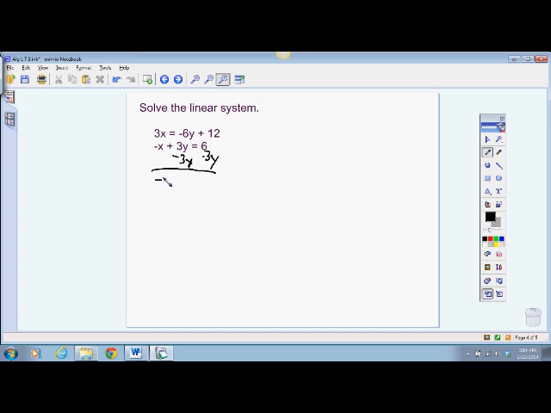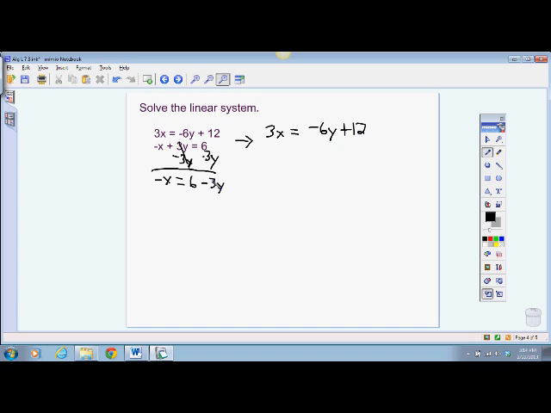So when I do that, I get a negative x equals 6 minus 3y. Still doesn't look exactly like this, so I'm just going to switch it over. Okay, so again, when we're solving a linear system using combinations, you have to first make sure everything's lined up. So I'm going to have 3x equals negative 6y plus 12.